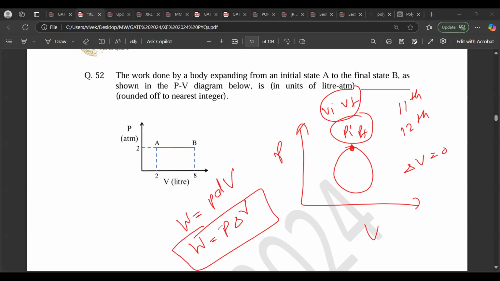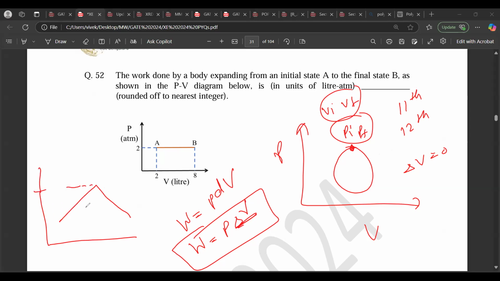So if your pressure is constant, in that case delta V is 0, that means the whole is 0. And also it is proved graphically that the area under the curve is the work done. So let's say the graph is something like this, then how will you find out the work done?